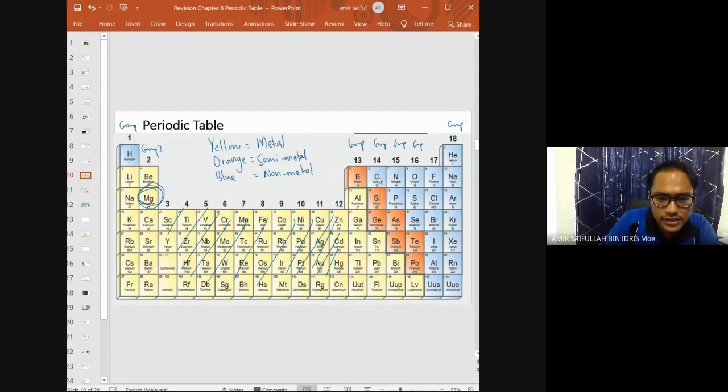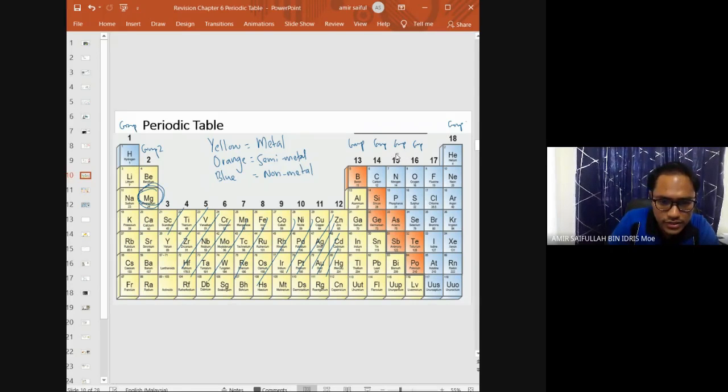Then carbon, nitrogen, oxygen, fluorine, phosphorus, sulfur are all non-metal. Helium, neon, argon exist as a gas. Fluorine, chlorine, bromine, iodine, mostly they exist as a liquid. Oxygen is a gas, nitrogen is a gas.